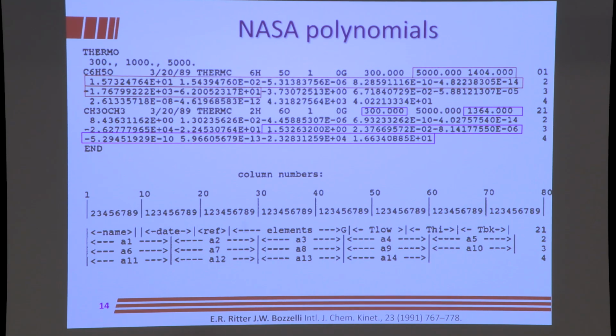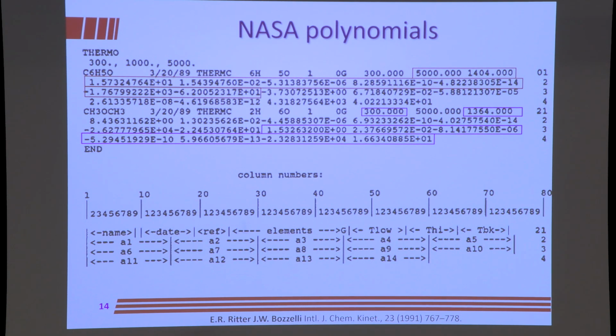And from that you can get Cp, H, and S as a function of temperature from 1404 to 5000 Kelvin. Okay, so using these 7 parameters, you can accurately calculate enthalpy, entropy, and heat capacity from 1404 to 5000 Kelvin, right?